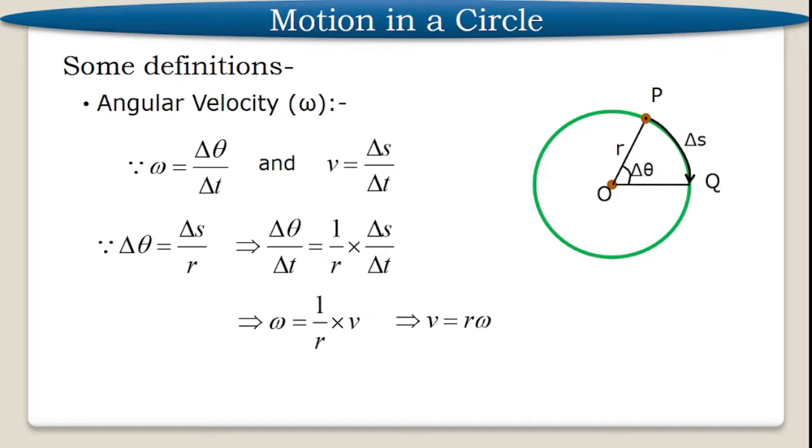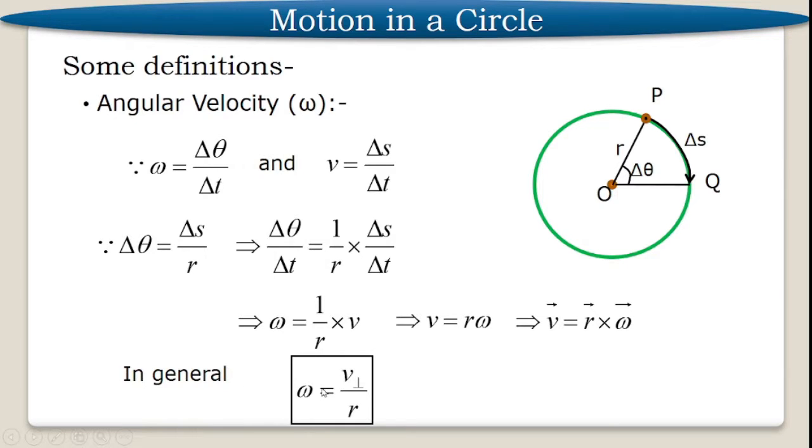Hence, in vector form, it can be written as v is equal to r cross omega, and in general form this formula can be written as omega is equal to v perpendicular by r, because linear velocity v is always perpendicular to omega and r. Therefore, we can write it as omega is equal to v perpendicular by r.